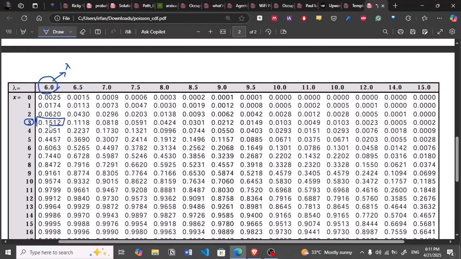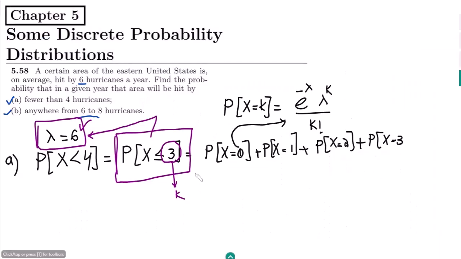We have to find the probability that x is less than or equal to 3, and for lambda 6 the answer is 0.1512. That is the solution of part A of my question.